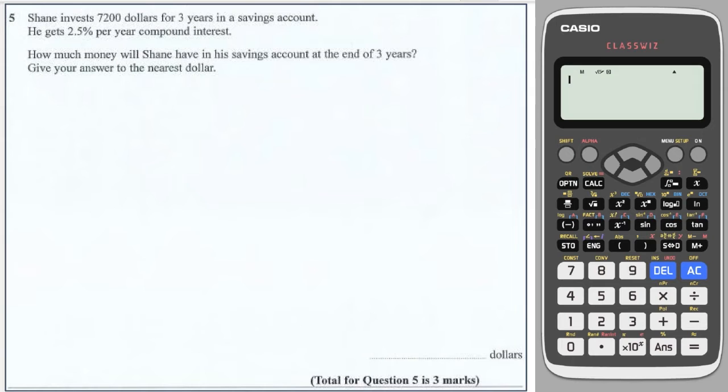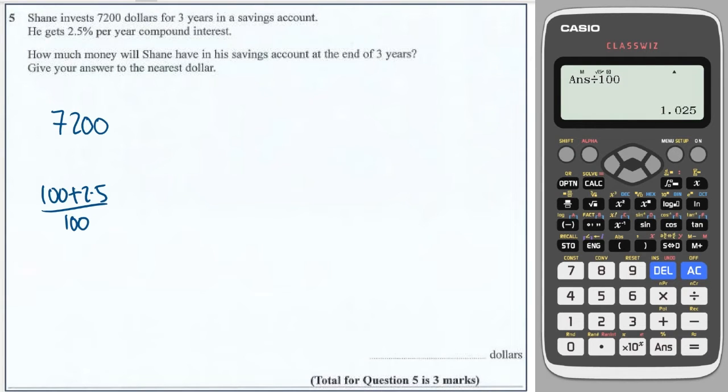Question 5. Shane invests $7,200 for 3 years and he gets 2.5% per year interest. So we do 100 plus 2.5 all over 100 to get the rate. And on our calculator that is 100 plus 2.5 and then divided by 100.